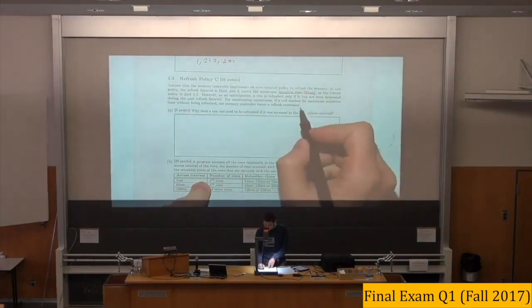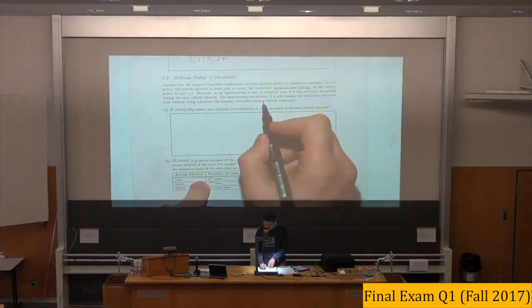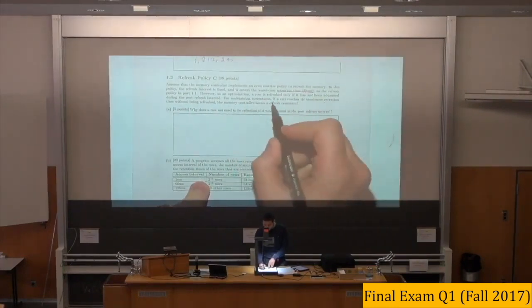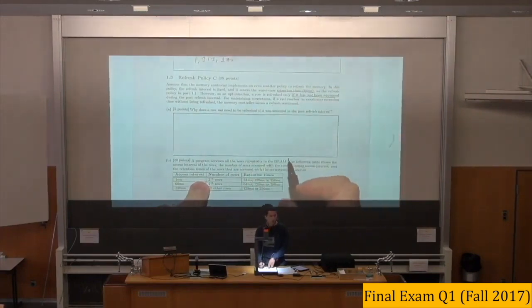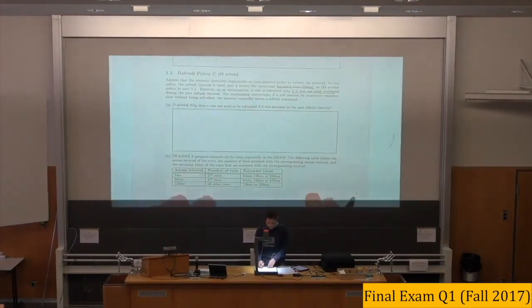But there is also one more condition here. The memory controller will only refresh the row if it has not been accessed within that time interval. So if the row is accessed within 64 milliseconds, the memory controller will not refresh it. So basically, the first question asks: why is that the case?